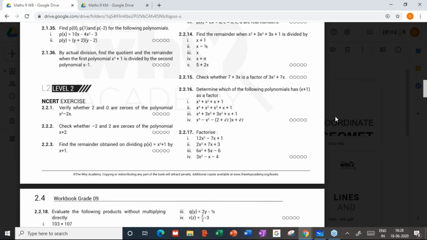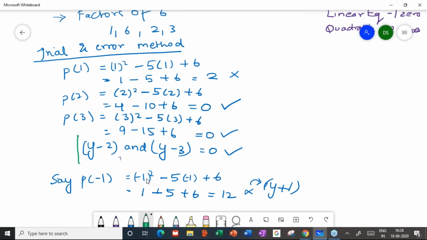Why did I solve with p equals minus 1? Puneet, that was just to show this final step of writing the factors. How do you write the factors? Sometimes there may be factors which are negative also. So if p of minus 1 were 0, then you write it as y plus 1.